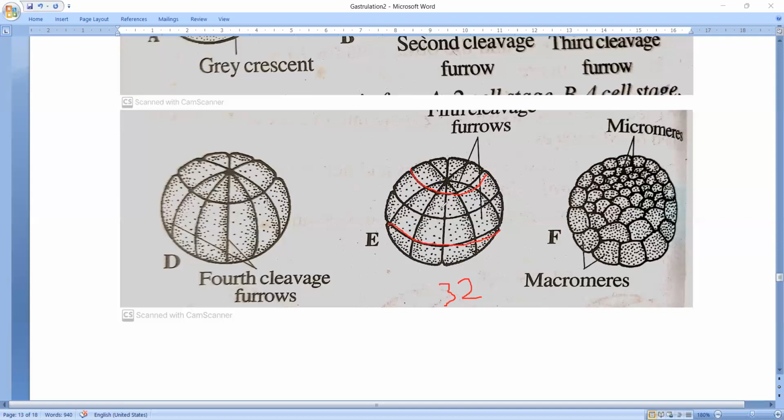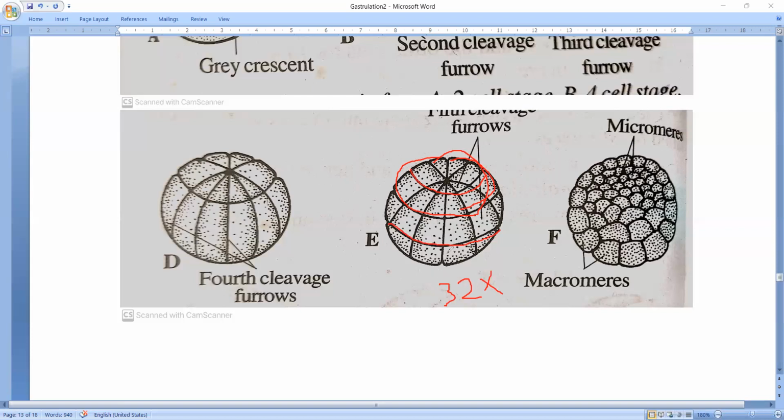Okay, so this 32 cells, after the 32 cell stage, the cell division is not identifiable, so the cells will be rapidly divided. Particularly the upper smaller cells are called micromeres, which divide very fast, and the lower macromeres, they divide slowly.